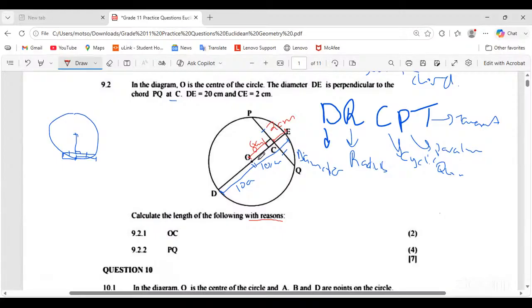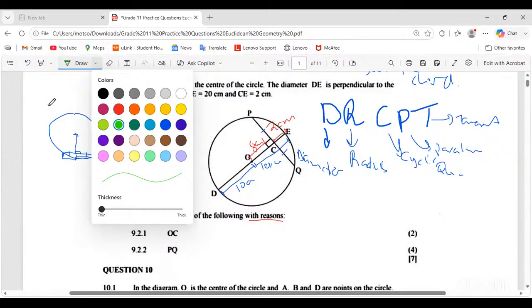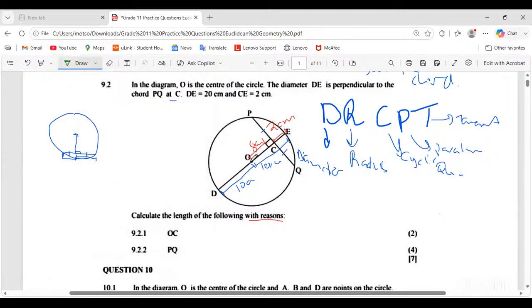So now how about we construct some line here that joins O and P. That joins O and P. Yes. And what is that line? That line, it is a radius. Why? Because it is from the center all the way to the circumference.